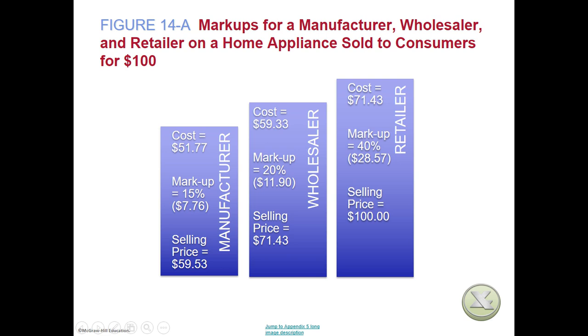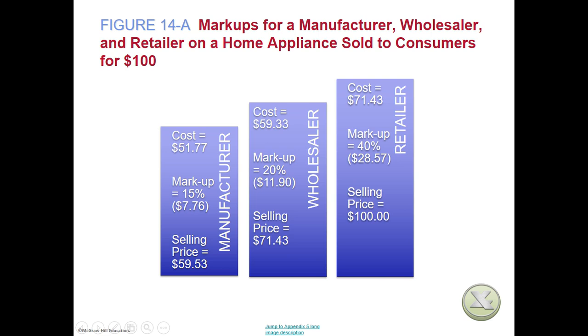So this one plus that gives you a selling price of $59.53. That's the selling price the manufacturers charge the wholesaler. Okay? So for the wholesaler, the starting cost is $59.53 right here. Okay? And then they will add their markup of 20%.